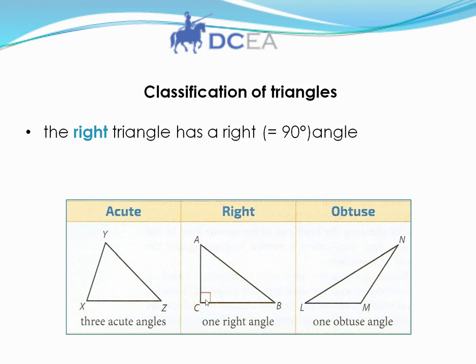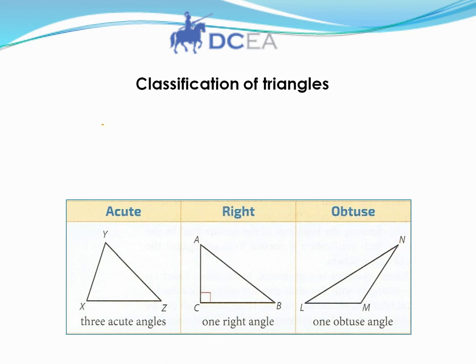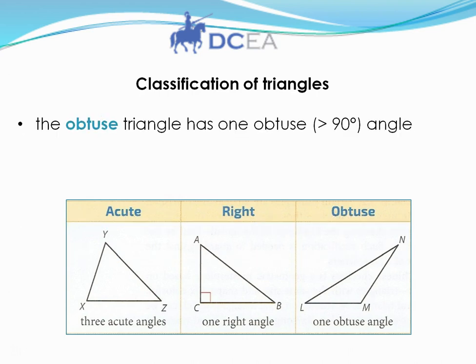You cannot have more than one, and the one should be designated by either a box, like you see at angle C, or the actual degree measure of 90. And the obtuse triangle has one obtuse, greater than 90 degree angle. In this example, you'll see that angle M is much larger than the other two angles. Angle M will be more than 90 degrees.